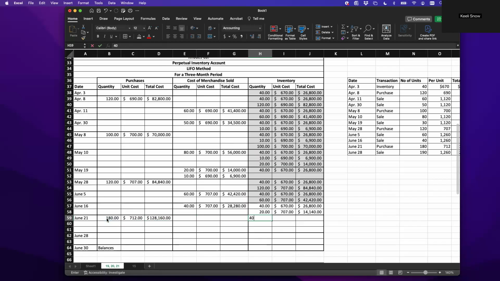Now let's update the inventory. 40 for 670. 20 for 707. And 180 times 712. There we go.